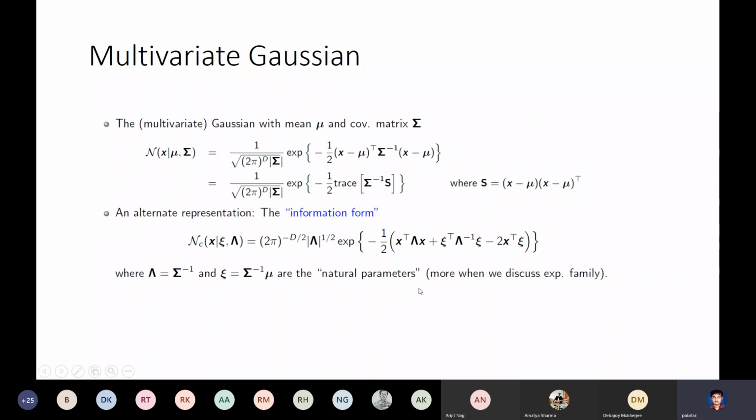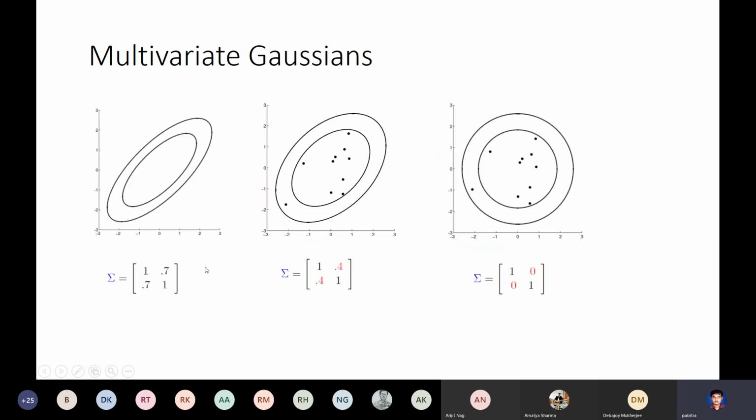But the moral of the story is you have two parameters which are enough to characterize a Gaussian, a mu vector and a sigma, the covariance matrix. So let us try to visualize. This visualization should be with you, it's already with you probably, but it should be with you throughout.